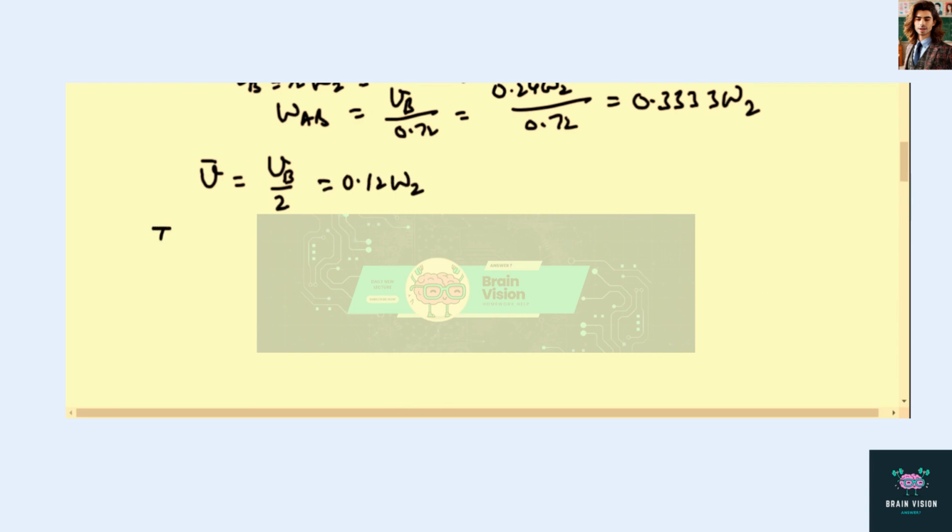Now calculating the total kinetic energy of the system. Kinetic energy of the rod, translatory kinetic energy and rotational kinetic energy, and kinetic energy of the wheel.